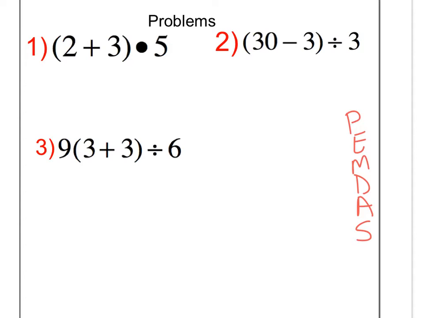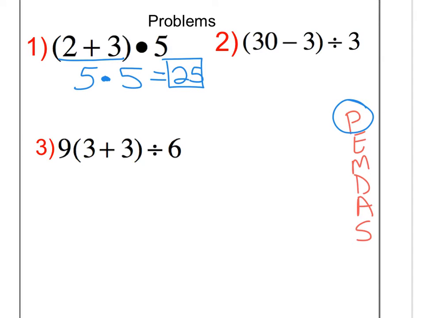So it tells me to do what's inside the parentheses first. And so 2 plus 3 is 5. So I've now added the 2 plus 3, that becomes 5. And now I have 5 times 5 as my problem. We don't need the parentheses anymore because I did what was inside of them. So 5 times 5 gives me 25, and that's the answer to this problem here.